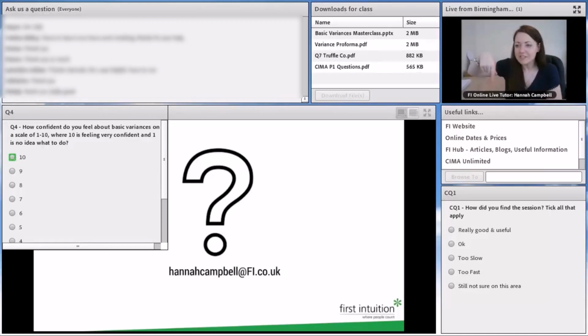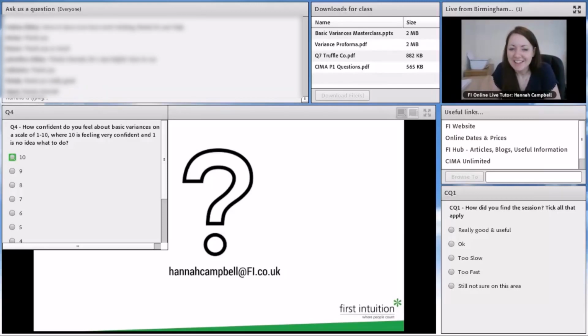And also there is a poll at the bottom in order to tell me how you found the session as well, okay? Excellent. Now, I'd love to spend all afternoon talking about variances and doing variance questions, but hopefully that has helped you to at least understand the variances more, which hopefully should help you to be able to calculate them.